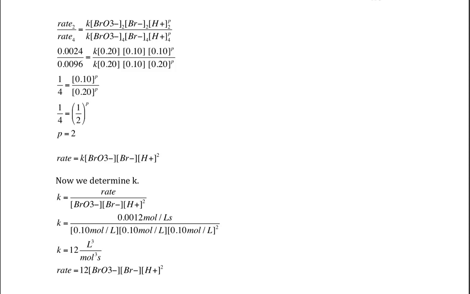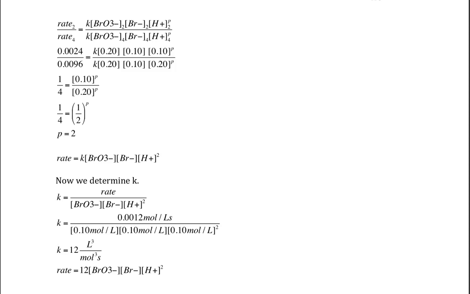Lots of stuff cancels out. We end up with 1/4 equals 1/2 to the p, and that would imply that p is 2. So that allowed us then to write out rate equals k times BrO3 minus times Br minus times H plus squared.